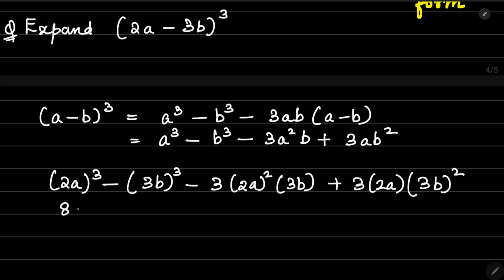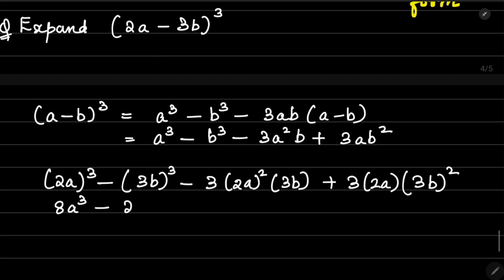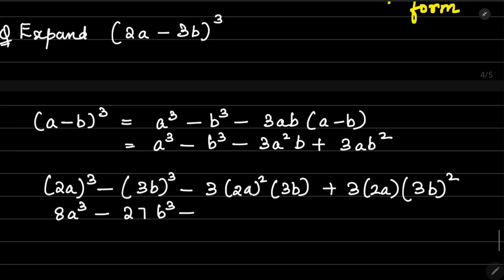So 2 cube is 8a cube, minus 27b cube, minus, so 3 into 4, 2 square is 4, so 4 into 3 is 12, 12 into 3 is 36, so 36a square b, plus 3 2s are 6, 6 into 9 is 54, 54ab square.